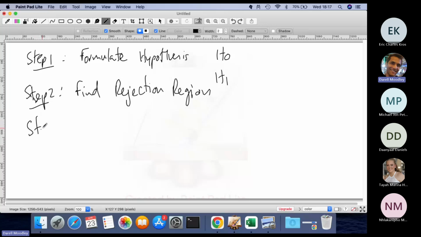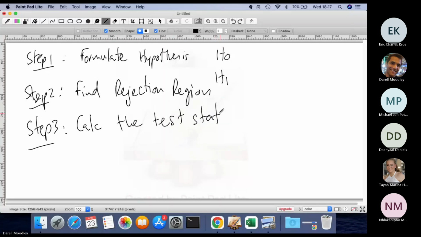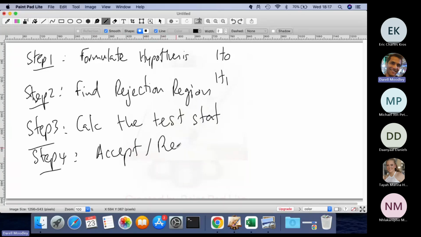Then there's step 3, calculate the test statistic. Step 4, we're going to either accept or reject H0 based on what you find in step 3.